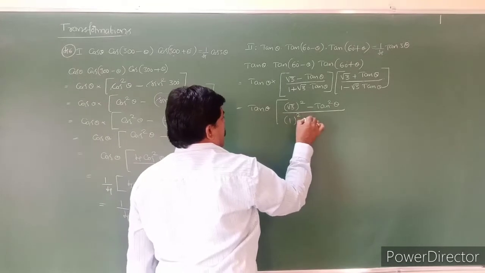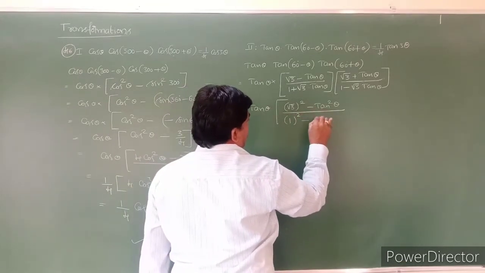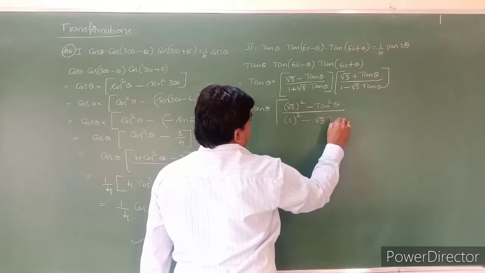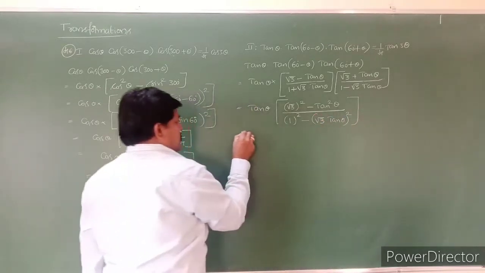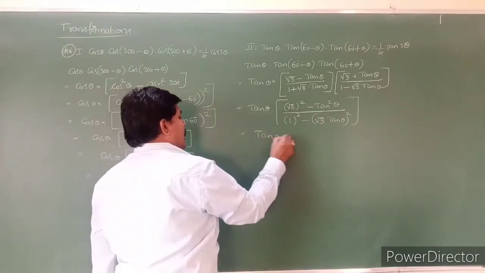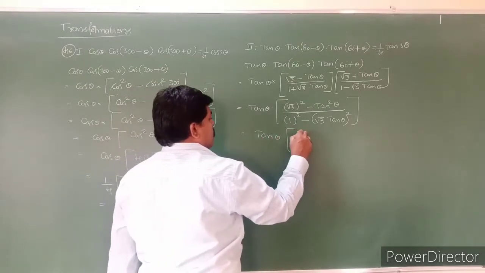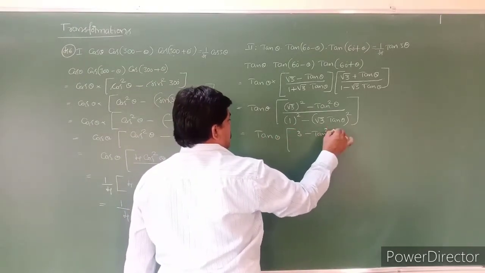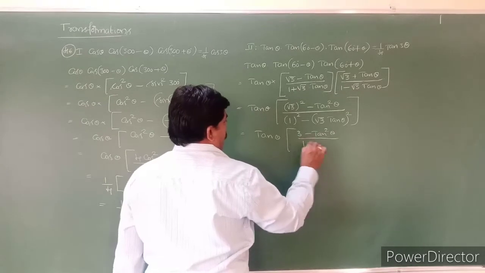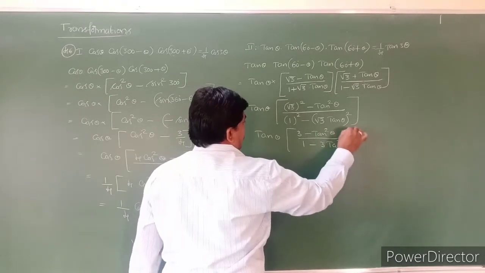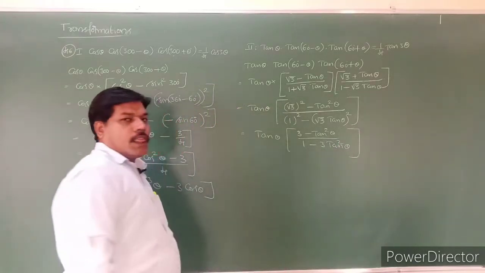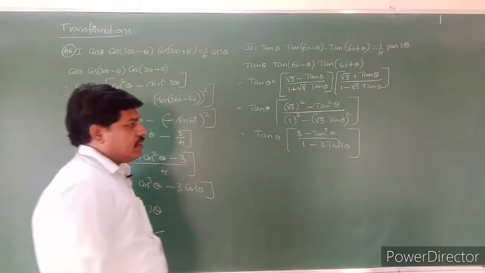A square minus b square, root 3 into tan theta whole square. So that is equal to tan theta into 3 minus tan square theta by 1 minus 3 tan square theta.